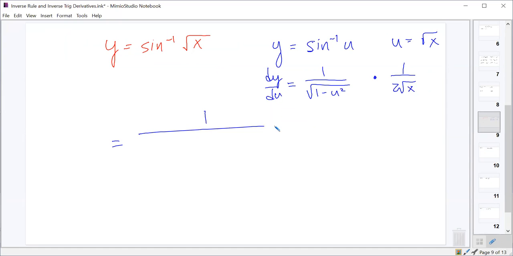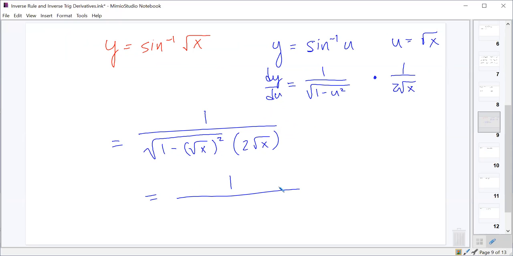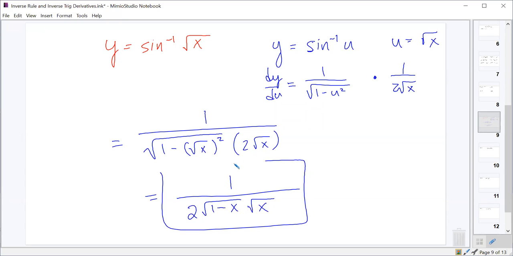Gives us a 1 over a square root of 1 minus, and u was root x, so root x squared, and then times 2 root x. And if we simplify that down, what do we get? We get 1 over 2 times the square root of 1 minus x now, right? If we square that root x, and then another root x down there.